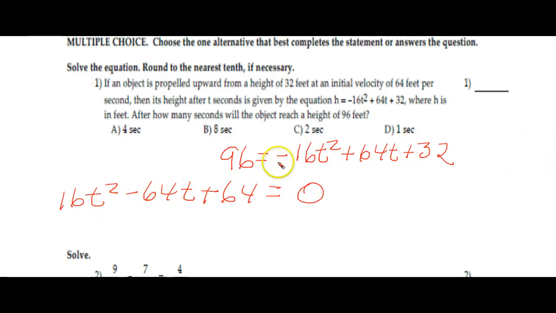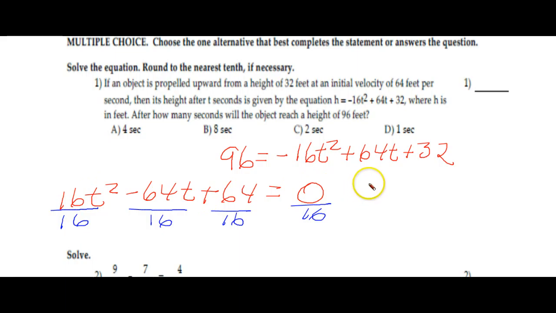And I see each is divisible by 16. So that's the first thing I'm going to do. Now you could put this into the quadratic formula with a being 16, b is this, c is this. But you could make it simpler by just dividing everything by 16.